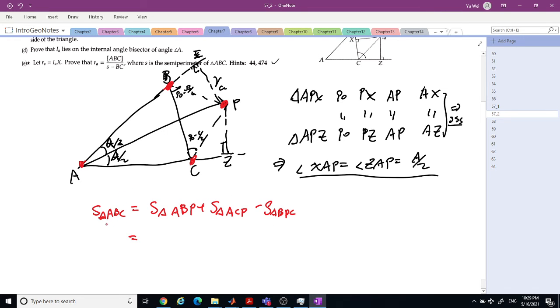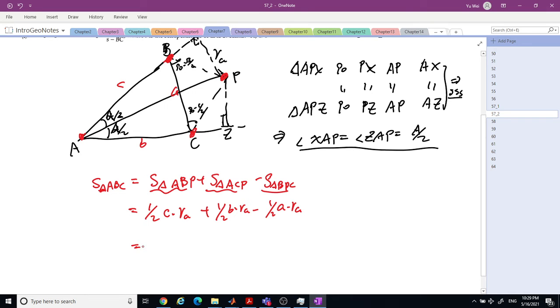So you can see the ABC, right, is equal to these two. So this one is half of the C times the RA plus half of the B times RA minus half of the A times RA.